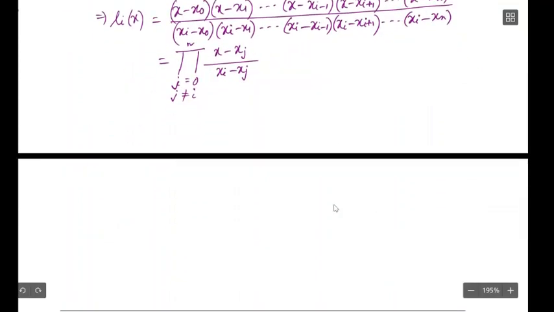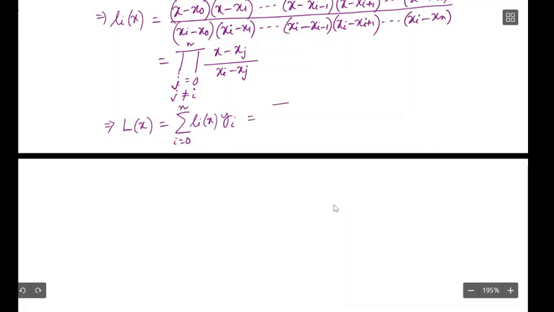And then finally we can write L(x) equals to the sum of Li(x) yi, i equals to 0 to n, that is equals to the sum i equals to 0 to n of the product over j equals to 0 to n of (x minus xj) by (xi minus xj), j not equals to i, times yi.